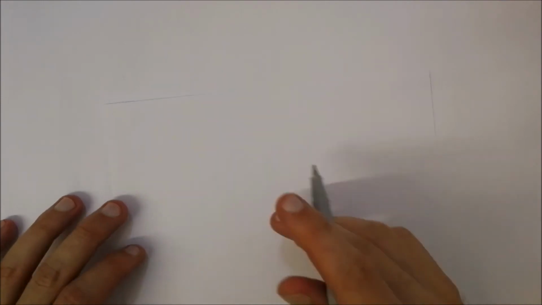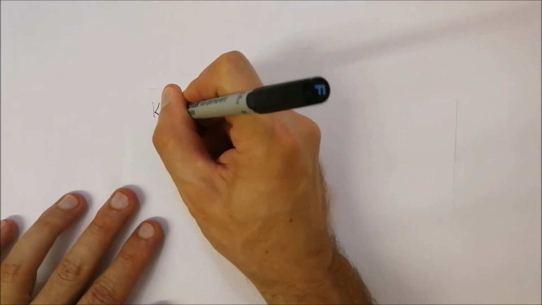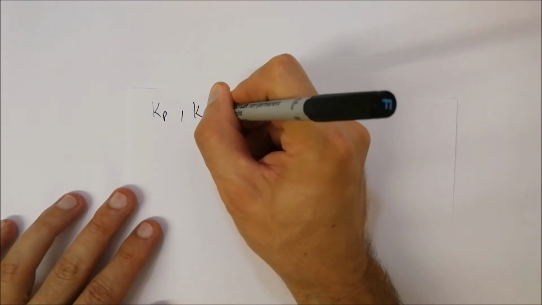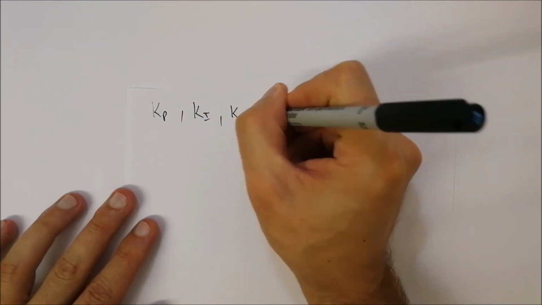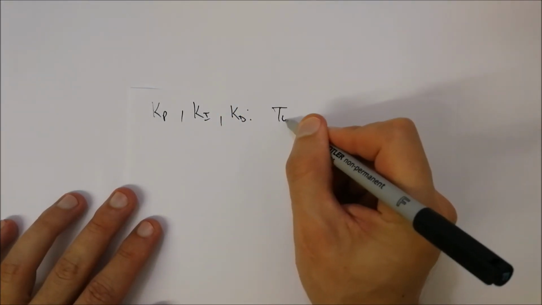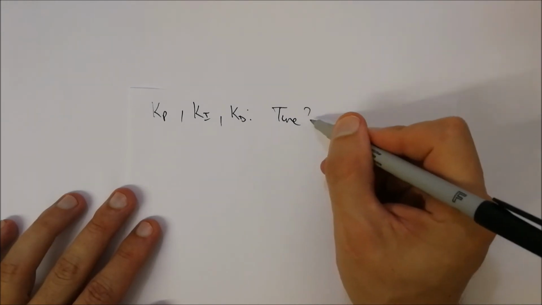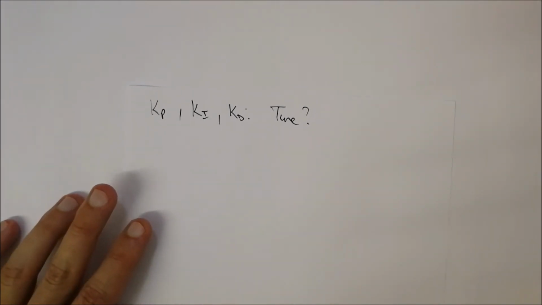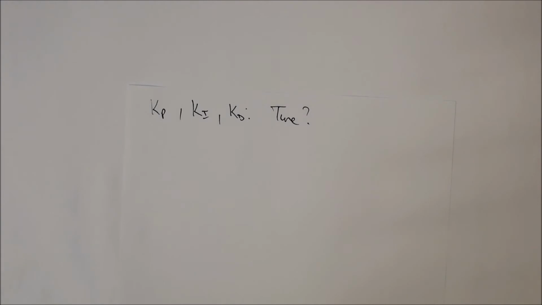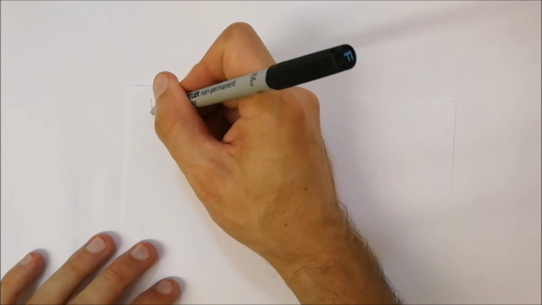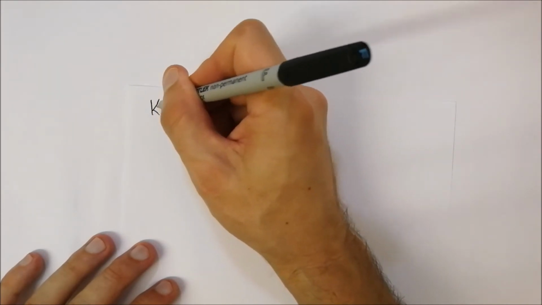Okay, so now that we've looked at this, we've essentially looked at our variables of Kp, Ki, and Kd. But how do we tune these values? What values do we give these constants Kp, Ki, and Kd? Now the thing is because our system is not always linear, it's not always the same.